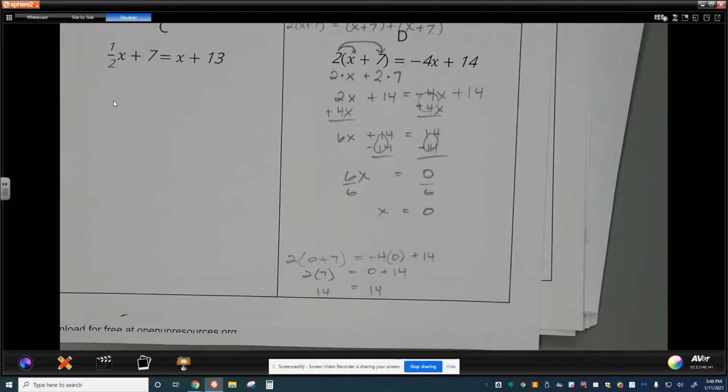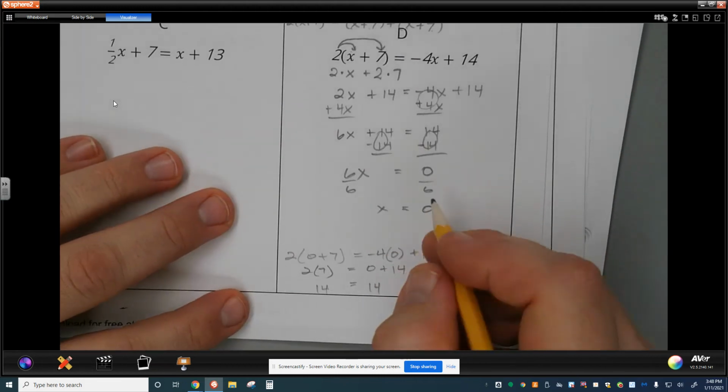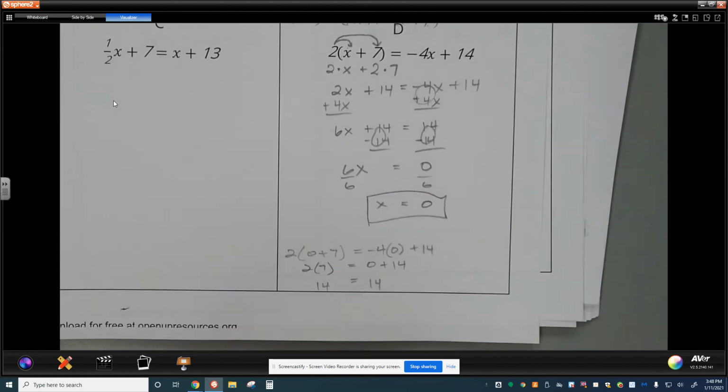Oh man, when I simplify the expression on the left using 0 as the x and 0 as the x on the right, it comes out true. I know that x is equal to 0, and that makes me feel so good because I was worried that that one was going to be wrong.